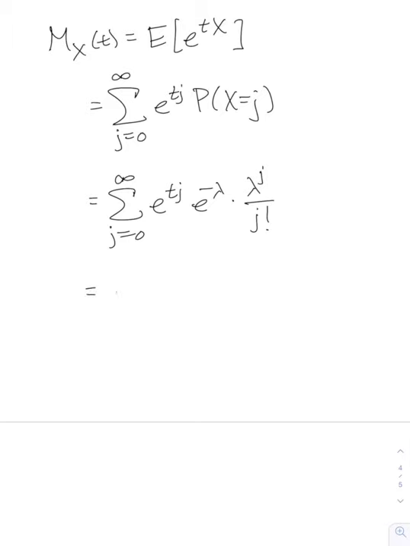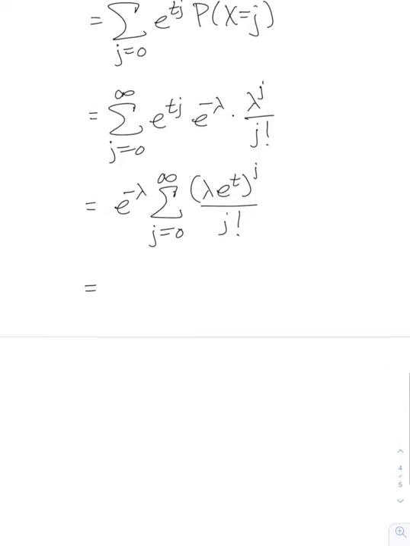I can pull out the e to the negative lambda, and I can write this as (lambda e to the t) to the j over j factorial. The sum of that series is e to the lambda e to the t.